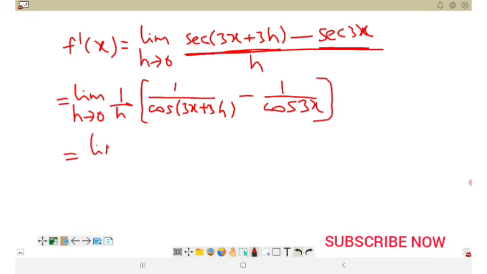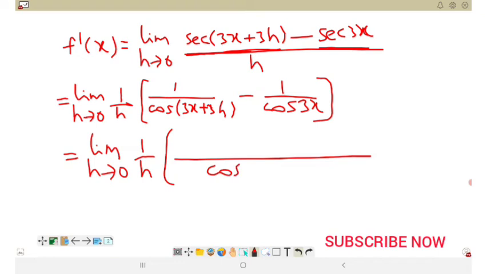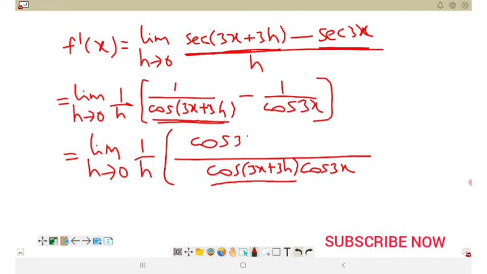So the limit h tends to 0 of 1 by h into the LCM, cos of 3x plus 3h into cos 3x. Then cos of 3x plus 3h cancels, 1 into cos 3x, and cos 3x minus cos 3x cancel. Here cos of 3x plus 3h into 1, cos of 3x plus 3h.